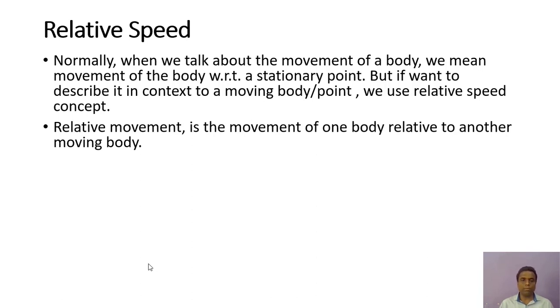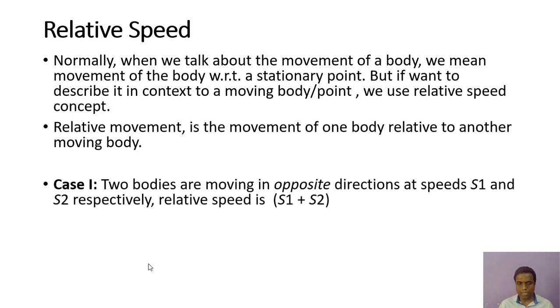Suppose two trains are moving, one train is moving in the forward direction and the other train is coming from the opposite side. So if we consider the first train, the motion of the other train will be relative motion, okay, and its speed will be relative speed.